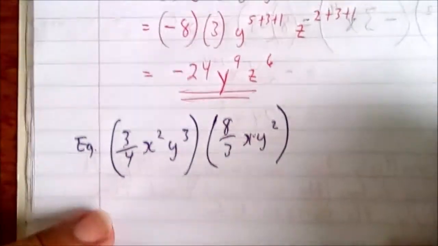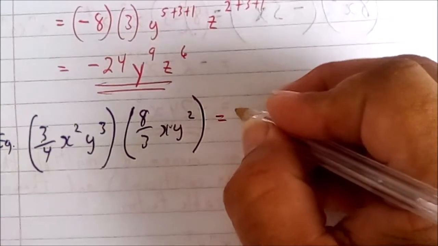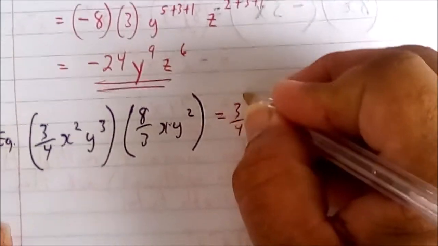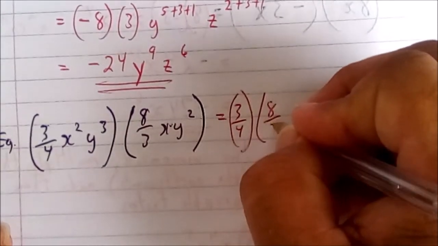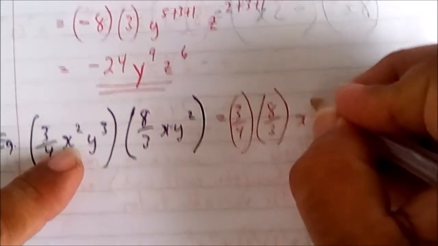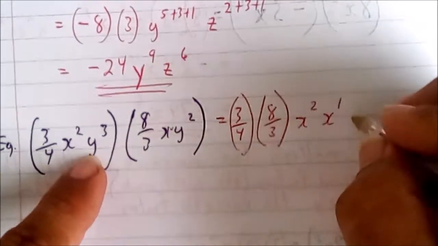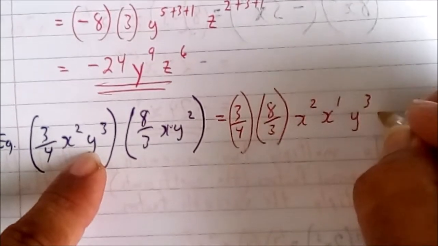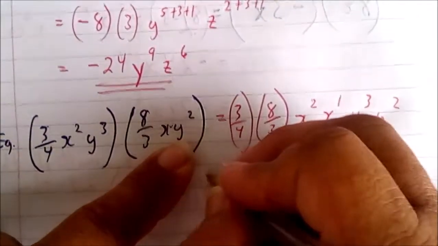All right, so the way you're going to work this out again is the same process. You're going to say 3/4 times 8 thirds times x to the second times x to the first times y to the third times y to the second. Okay, equals.